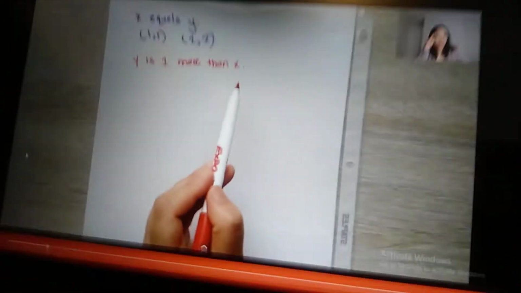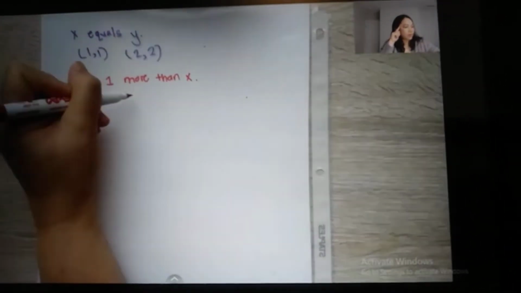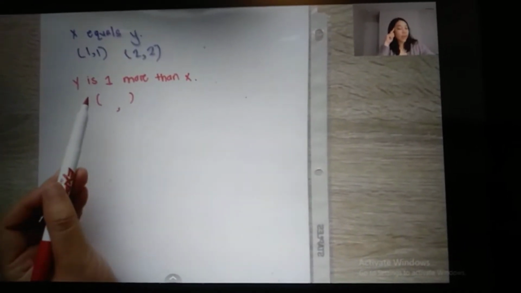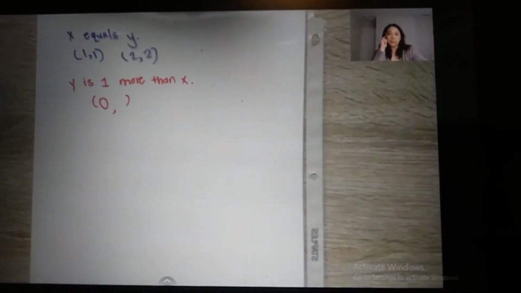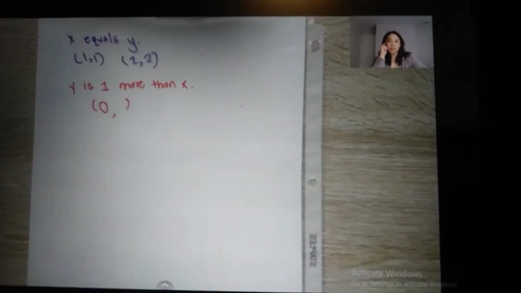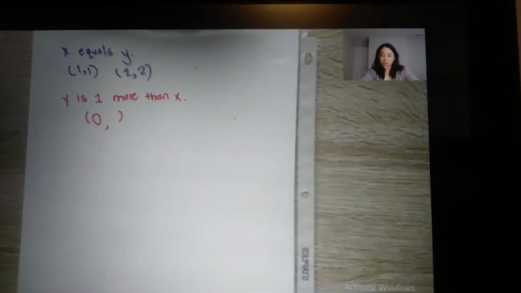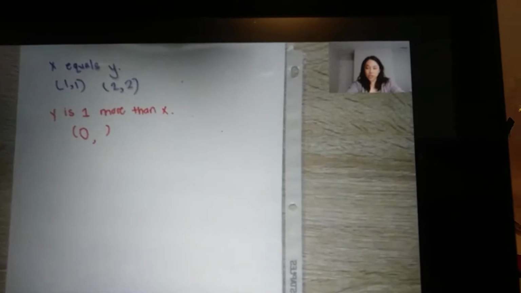Now think, how can we find the y coordinate of a coordinate pair that follows this rule if x equals 0? Please pause the video and... Right there alone, they got me. Coordinates pair. Okay?